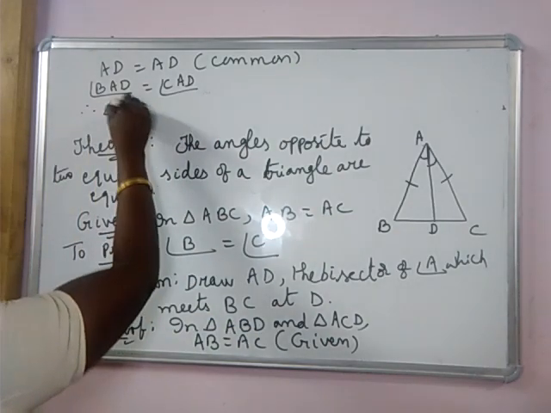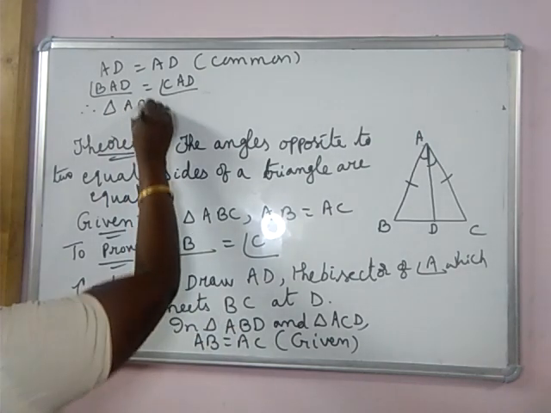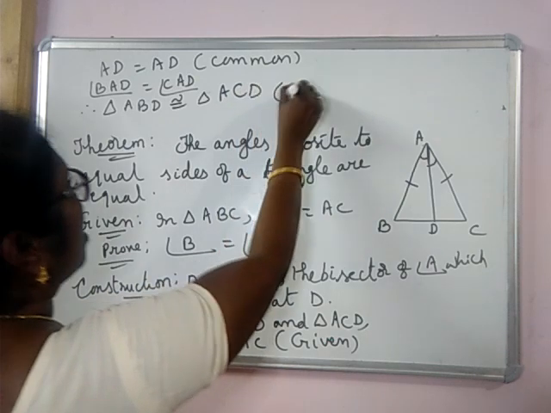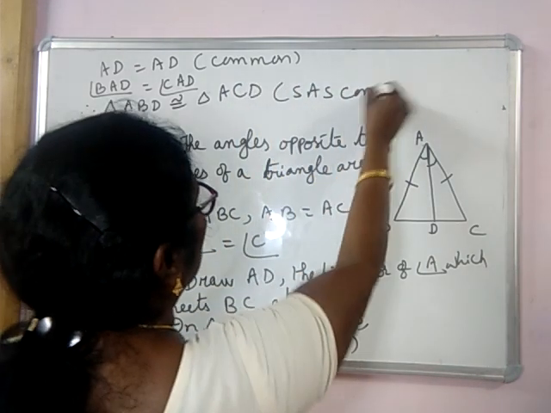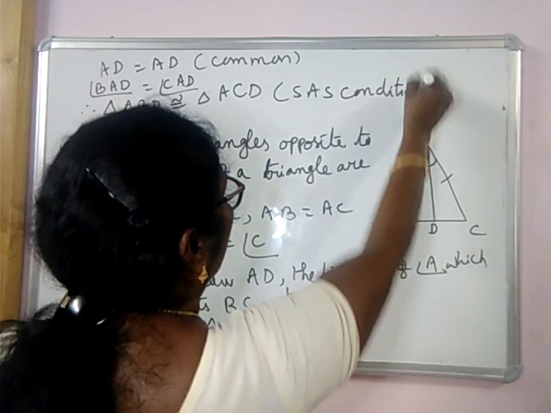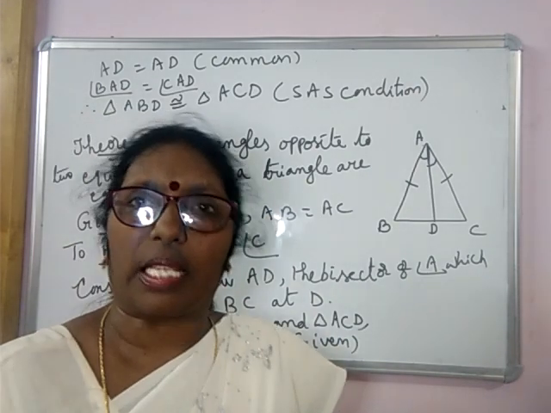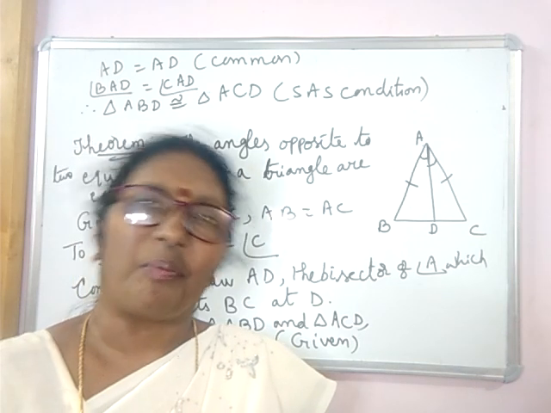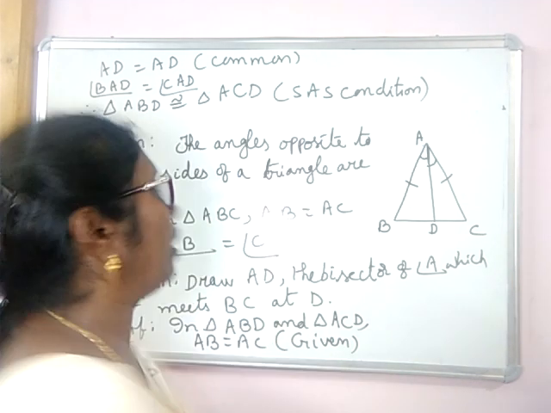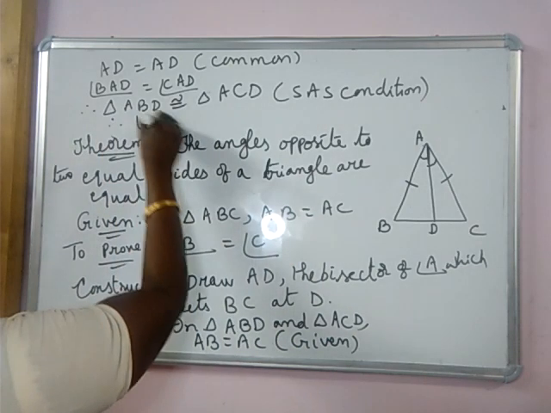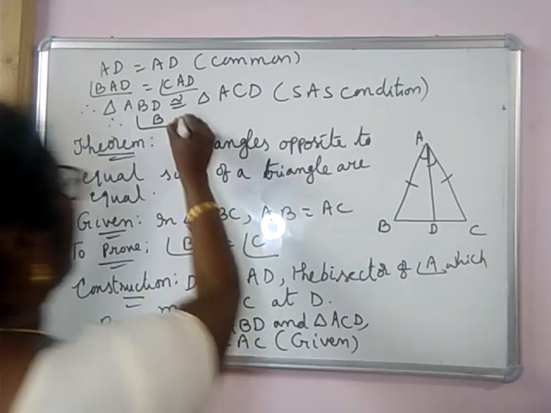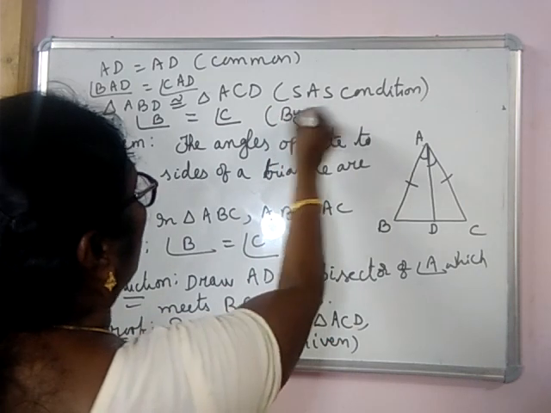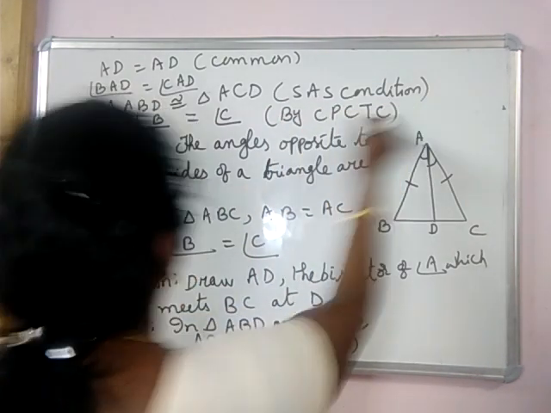Therefore, triangle ABD is congruent to triangle ACD under SAS condition. And already you have learnt the conditions of congruency. Once the two triangles are congruent, by CPCTC, remaining parts are equal. Therefore, angle B of triangle ABD is equal to angle C of triangle ACD. They are equal by CPCTC.